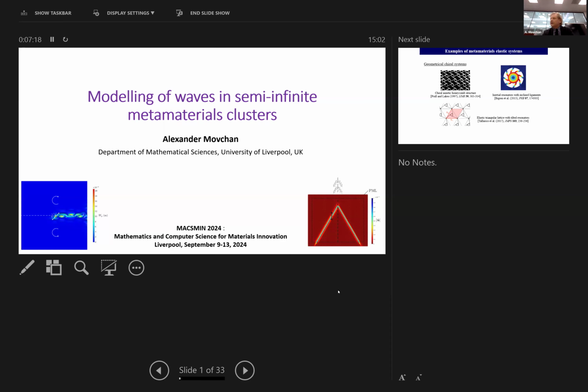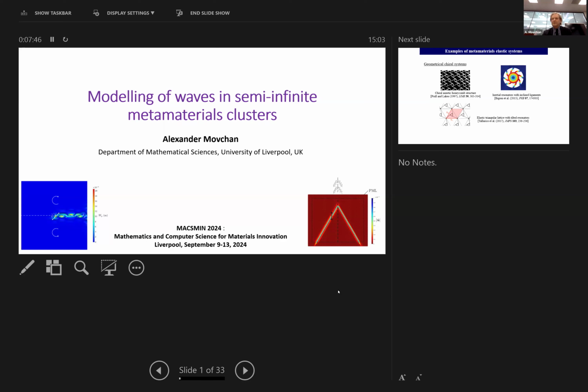So, for example, you would like to shield sound of certain frequency, route waves around some object, polarize the wave in a certain way. You want to do something, you set your target, you design the material that will do it.